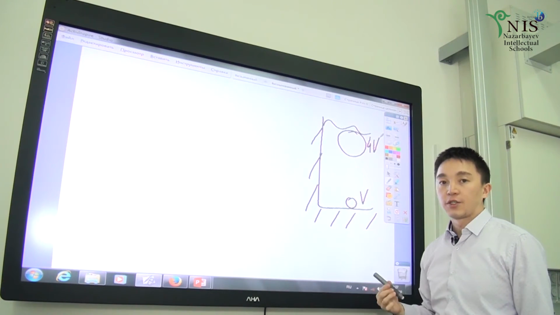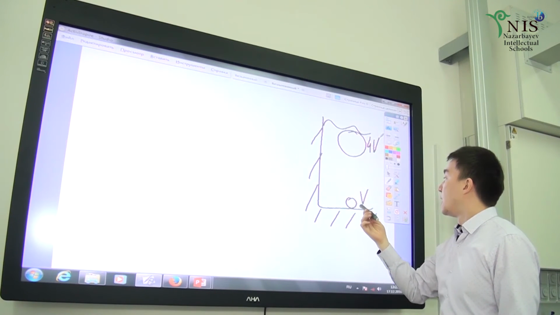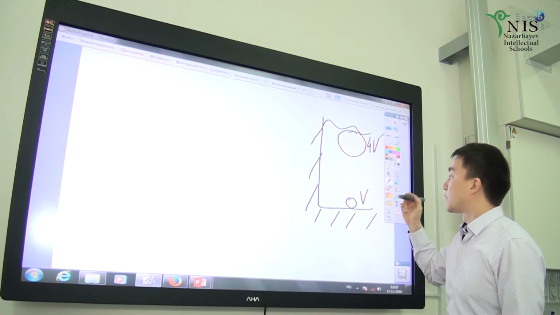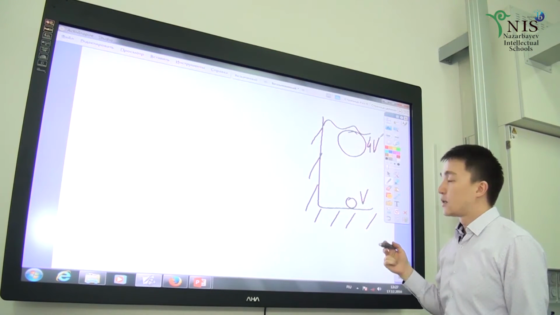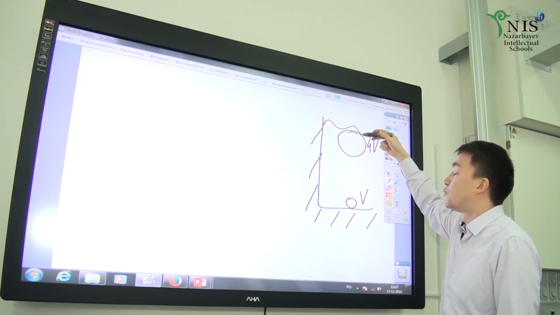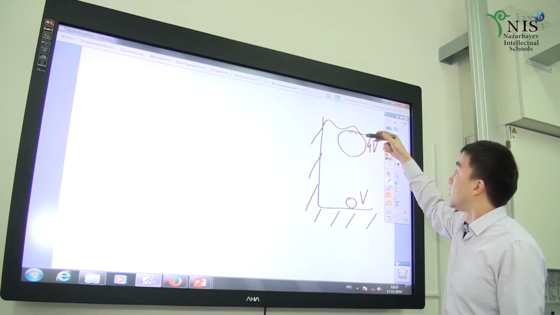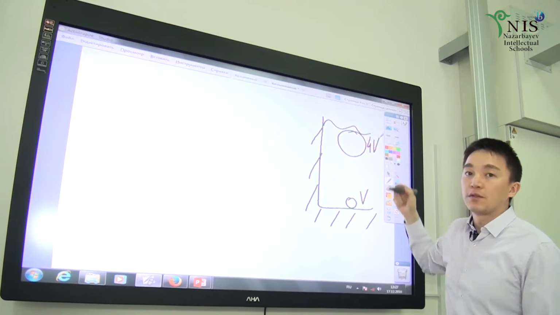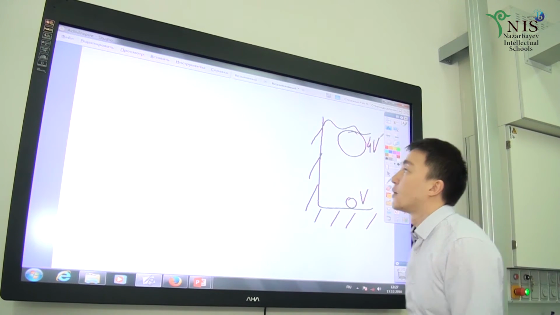As for the pressure of the bubble at the bottom of the lake, it's equal to the atmospheric pressure plus the pressure of the lake. As it goes upwards, its pressure decreases, and the pressure of the bubble at the top of the lake is equal to atmospheric pressure.